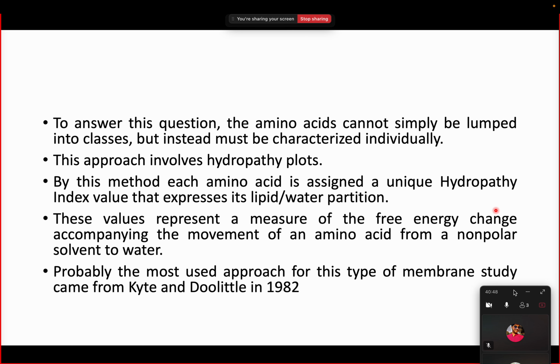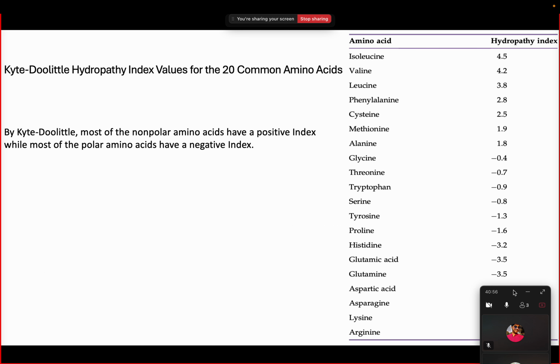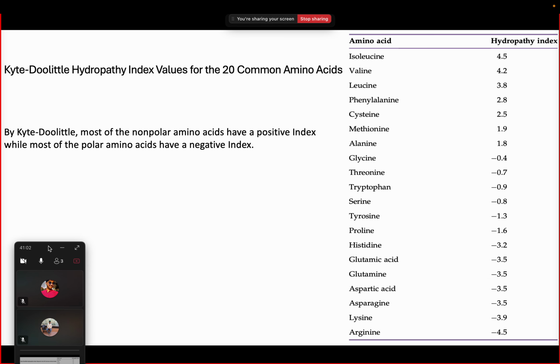Probably the most used approach for this type of membrane study came from Kyte and Doolittle in 1982. They calculated the free energy associated with a single amino acid residue when it is present in water and then when it is brought to a non-polar solvent.